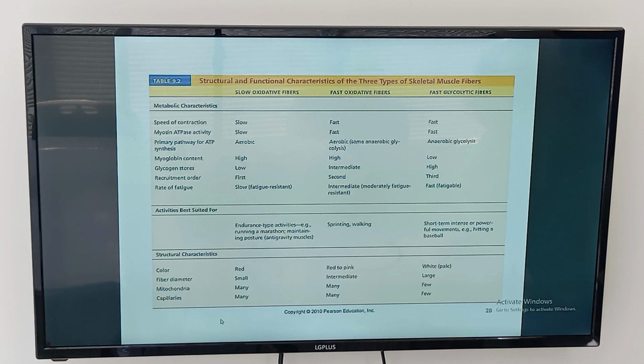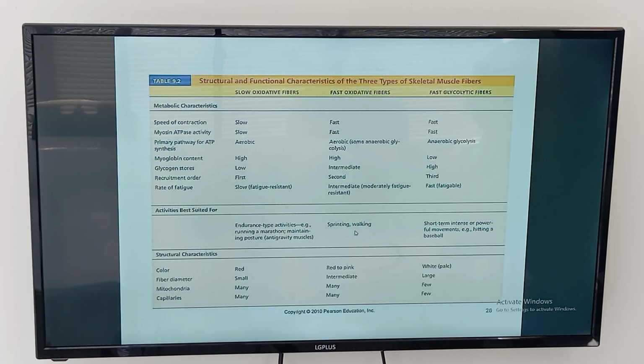For fast oxidative fibers, you have sprinting and walking because it is moderately fatigue resistant and it has an intermediate rate of fatigue. Okay, and because of the speed of contraction of it, it's used for sprinting or walking.